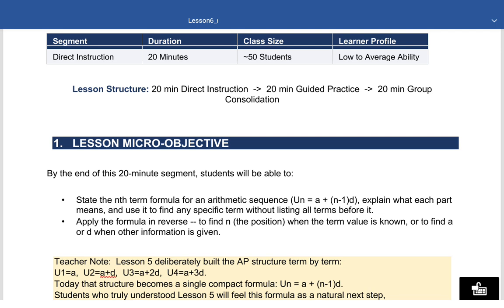So this is our general term for an arithmetic progression or linear sequence. The nth term, Un, is the value of the term at position n.